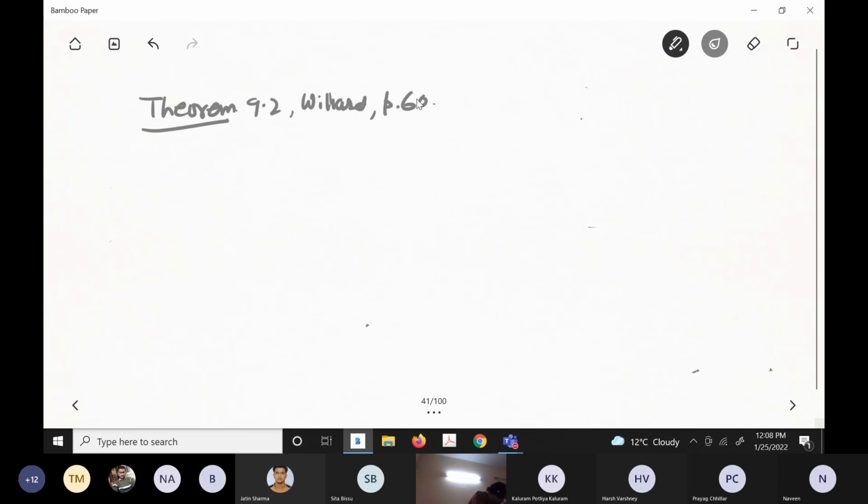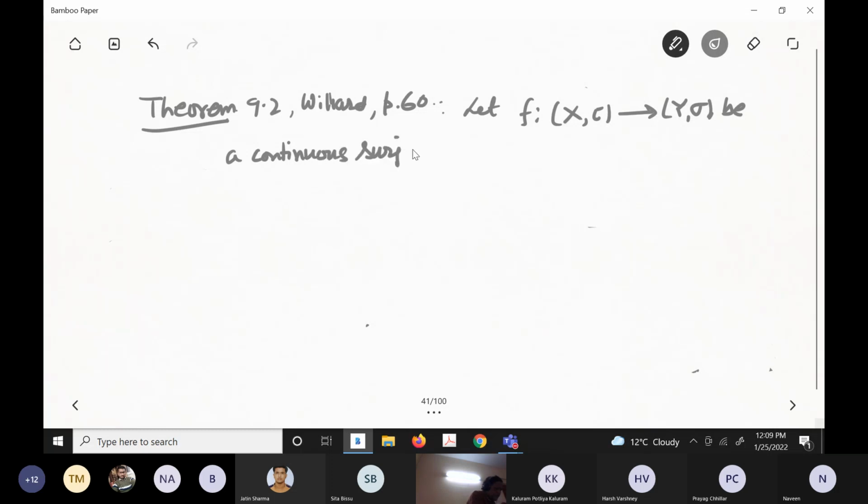Here the actual correct statement would be, let me write that: let f from (X, tau) to (Y, sigma) be a continuous surjection. Surjection means onto. It's a French word. So surjection, injection, bijection, these are French words. That means it is onto. He missed this in the statement.